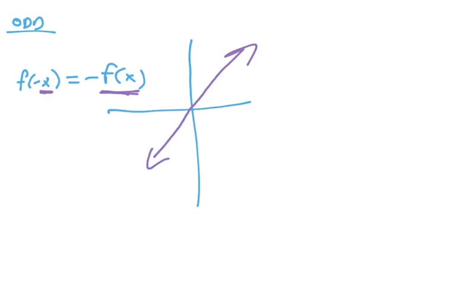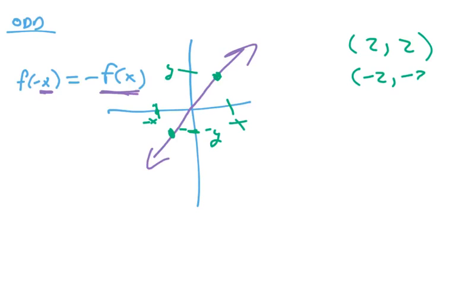Because if you make x negative, y becomes negative. So if I take a positive x, this is a positive y, this point here. If I flip it and I make x negative, then the y value will be negative. Like an example with numbers, if I give you 2, 2, then if I make x negative, the y value has to be negative. When you change the x, the y changes as well in the sign for every value. That's odd. That's what an odd function is.